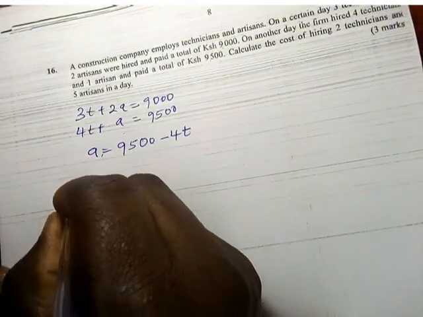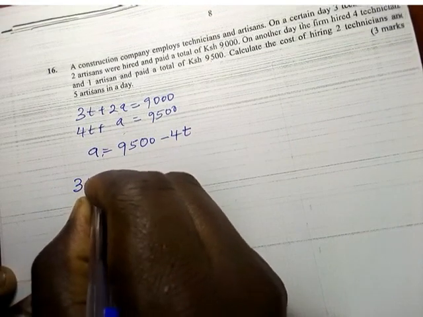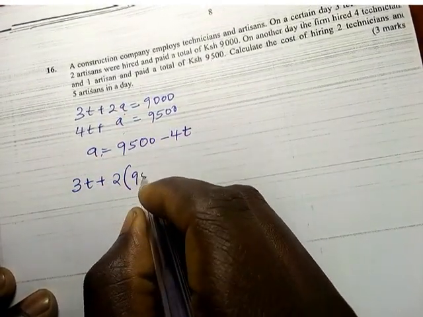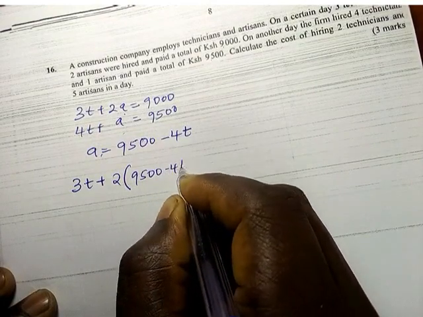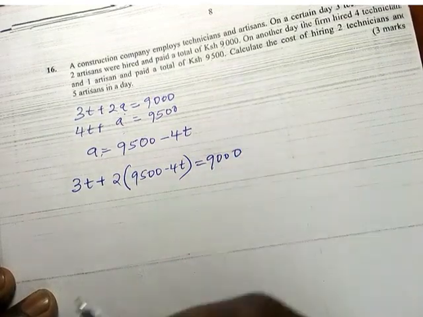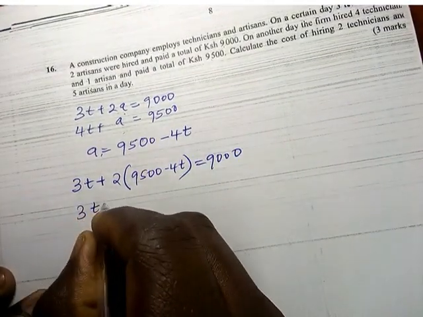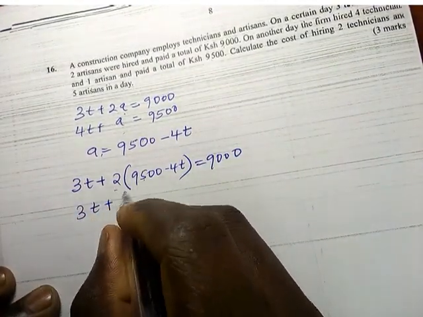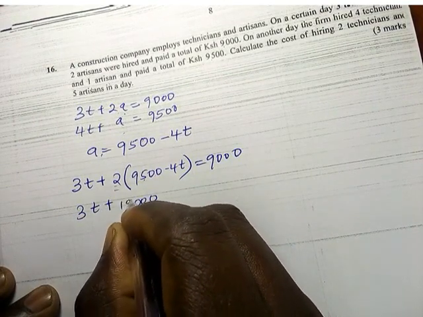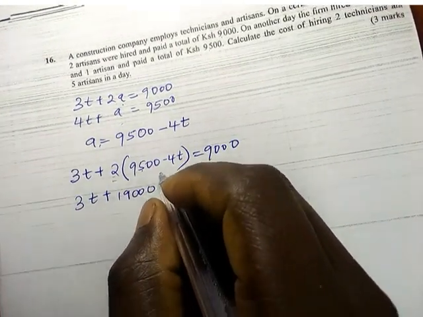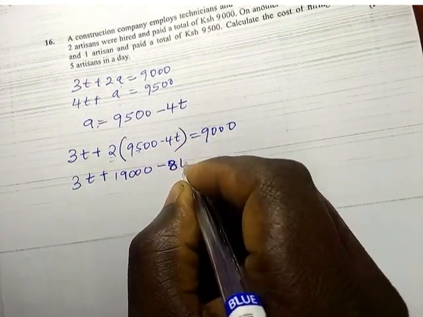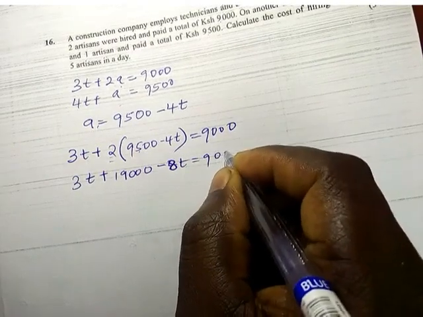So we have 3t plus 2 into A, and A is 9,500 minus 4t, which will give us 9,000. 3t plus 19,000 minus 8t equals 9,000.